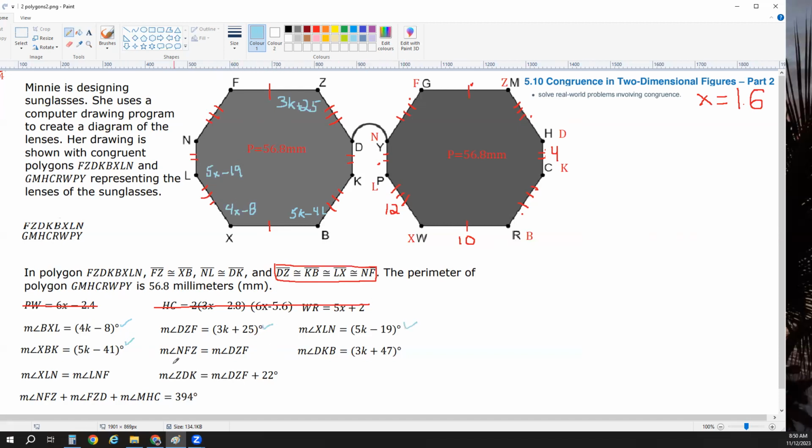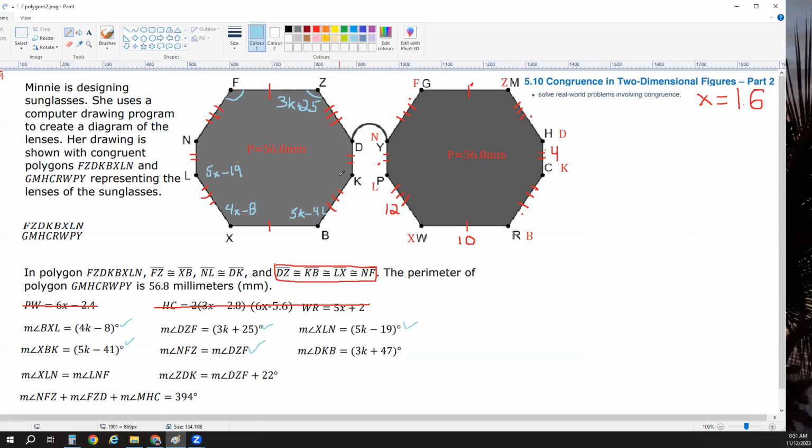Didn't mark it off. Okay, then we have some congruity statements. NZF. Where is it? NFZ. Single arc here. NFZ is congruent to DZF. So these are congruent. That's cool. Right. And then DKB.